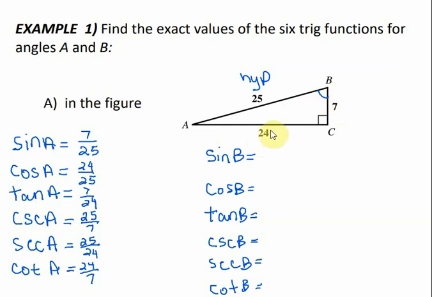So sine is opposite over hypotenuse, which would be 24 over 25. Cosine is adjacent over hypotenuse, so that's 7 over 25. Tangent is opposite over adjacent, so that's 24 over 7. And then we just do our reciprocals.